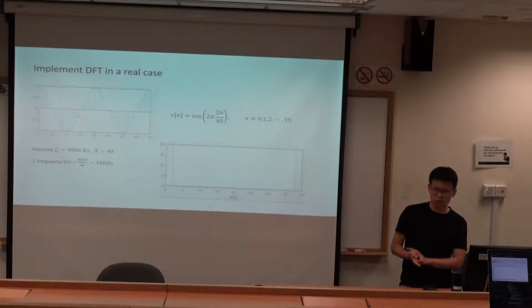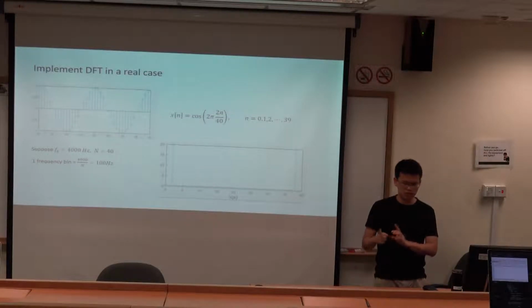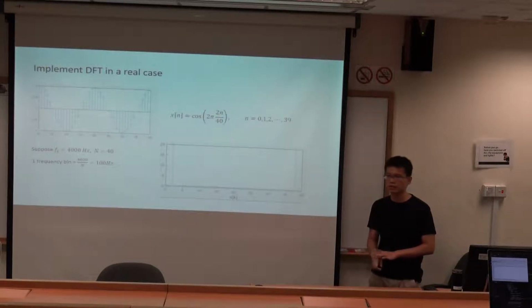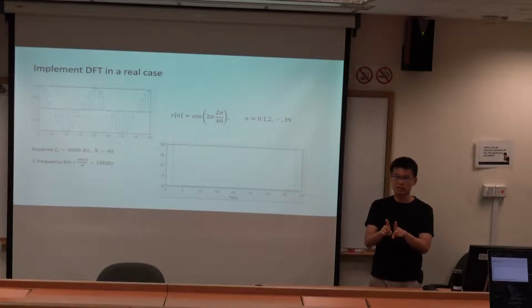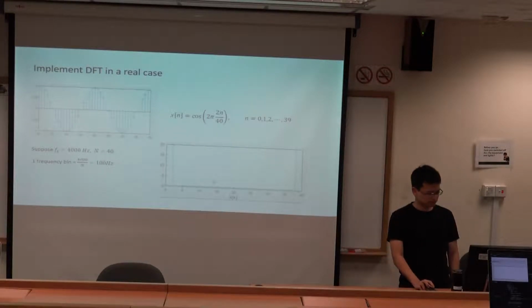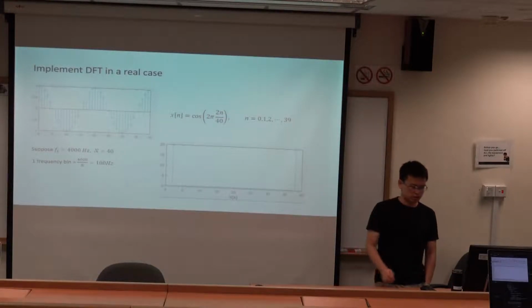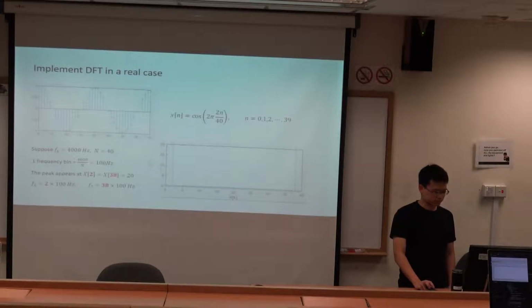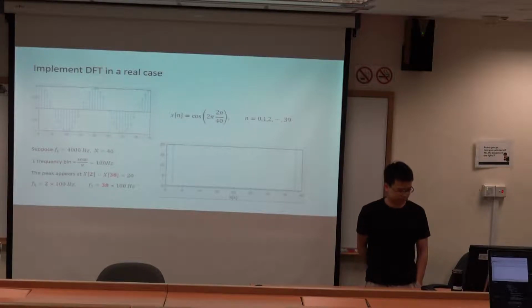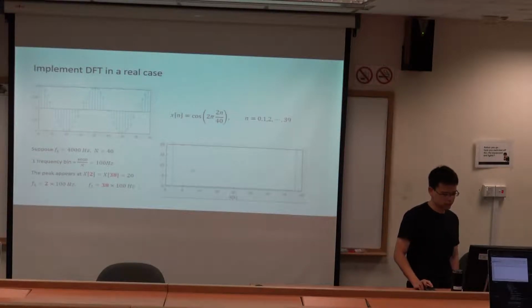So if we have a signal that contains two very close frequencies, like 100 hertz and 110 hertz, then it will not succeed in separating them. That's what I'm going to continue later, but now, please make sure you understand this.